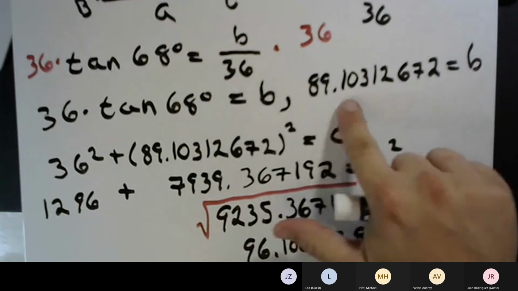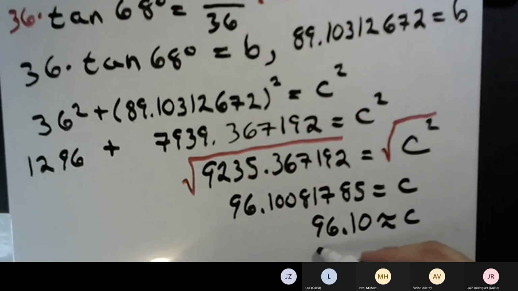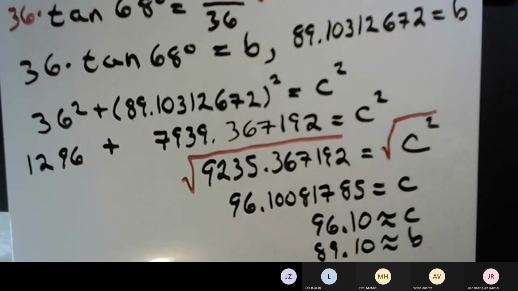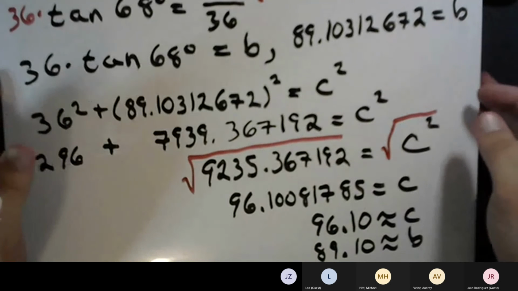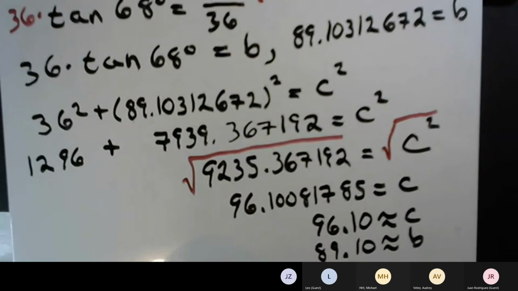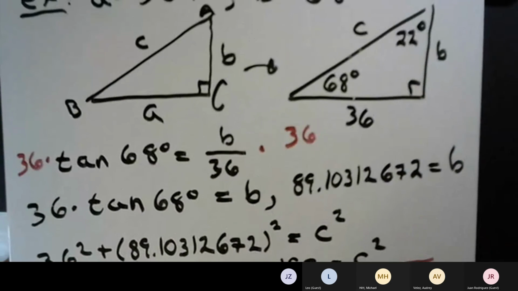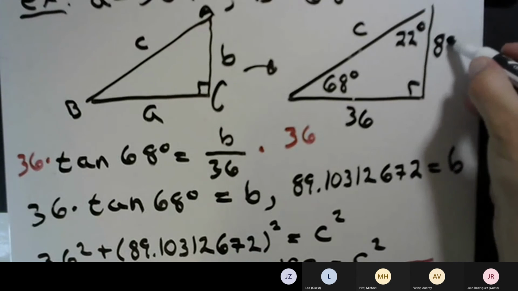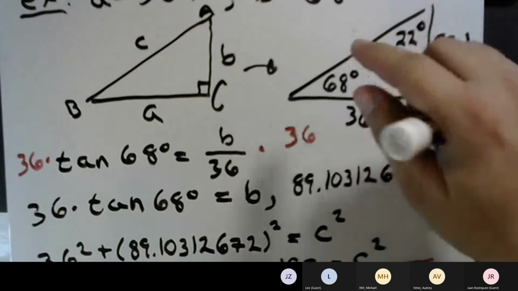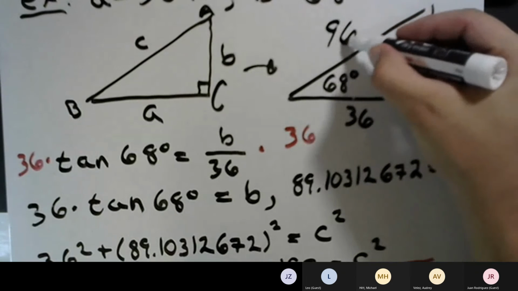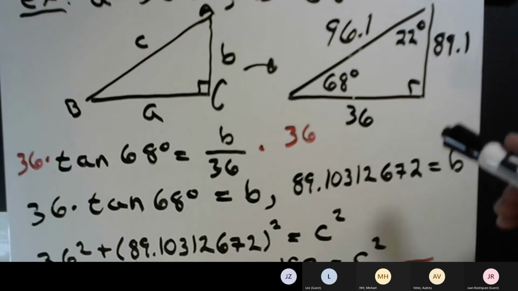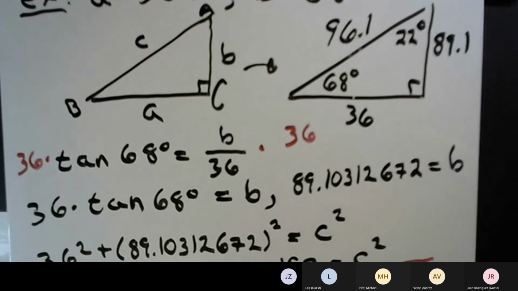And if we look at B here, it's going to be again 89.10. But we're rounding these, so I'm just going to say 96.1 and 89.1. So those are going to be our answers. We've finally gotten all the angles and all the sides of that triangle.